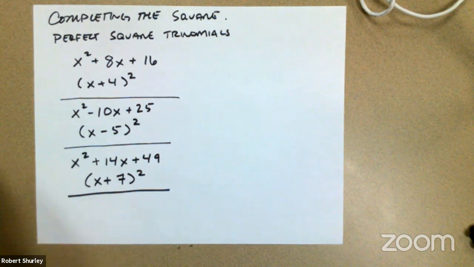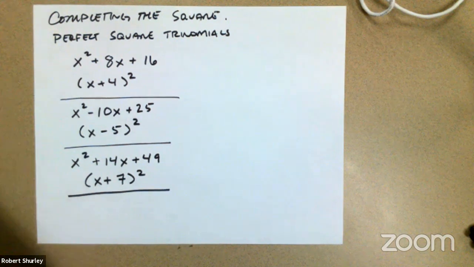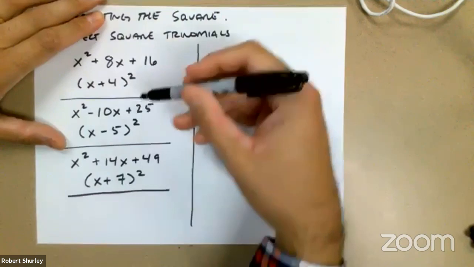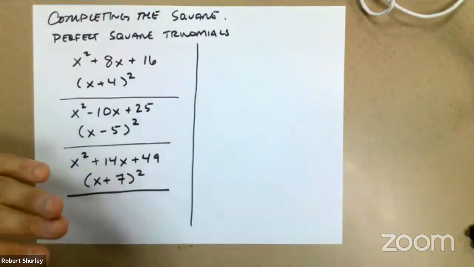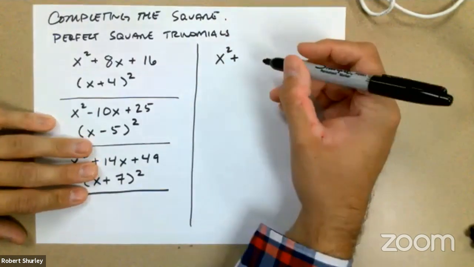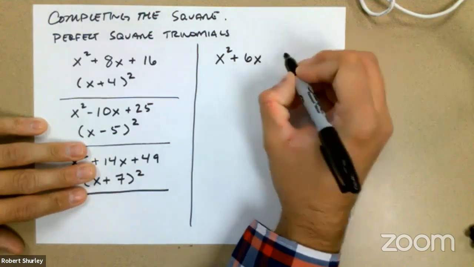Okay, so I'm going to ask you this question. I want you to put what you think the answer is in the chat box, okay? So I'm going to give you another one of these examples. Look, we're sticking to perfect square trinomials. These fit a very specific pattern. x squared plus, let's say 6x.